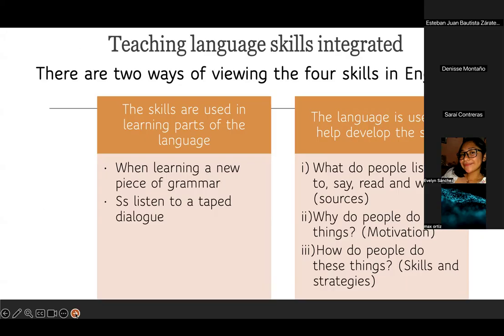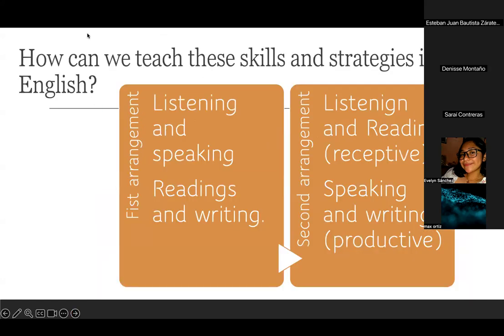So after we have presented these two aspects, we are going to move to the other one, which says: how can we teach these skills and strategies in English? Why? Because you are not going to teach them separately. For instance, in one lesson, I'm going to teach just strategies for developing listening skills, and then in the second class, I'm going to teach the grammar and vocabulary aspects.